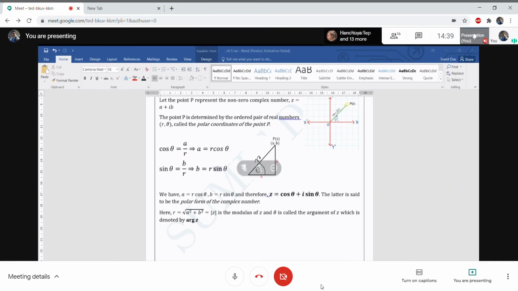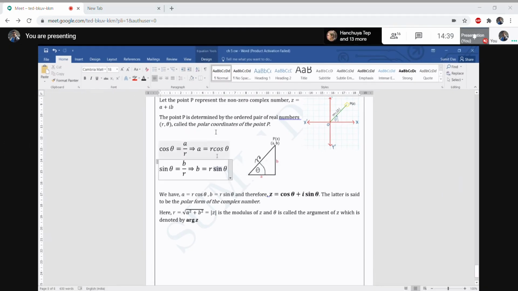If you take r square common, it will be cos square plus sin square, which is actually 1. So r square equal to a square plus b square. So r equals the square root of a square plus b square.